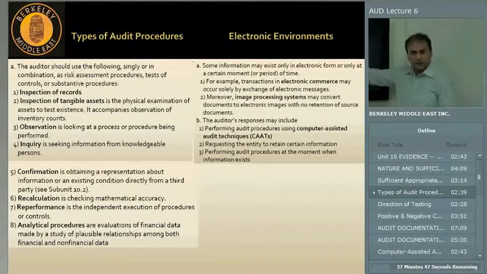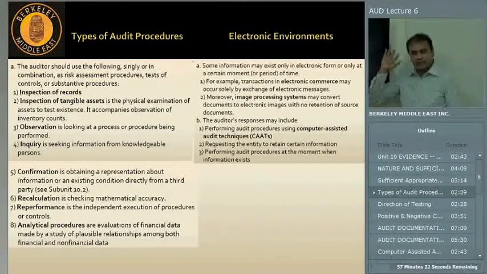Then recalculation of certain arithmetical accuracies, testing, and reperformance. Sometimes you reperform the complete cycle, as we discussed with the walkthrough test, and we apply the analytical procedures. So broadly, every auditor uses inspection and observation.